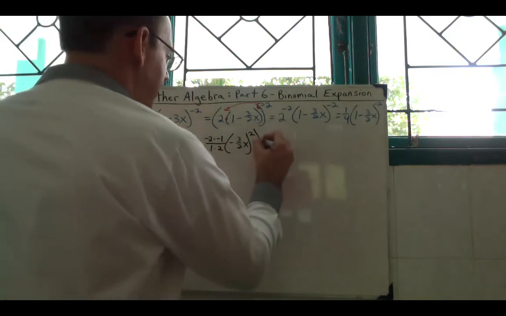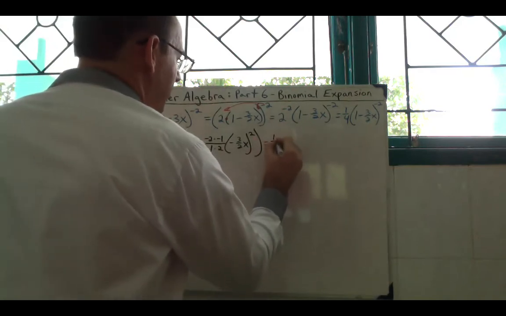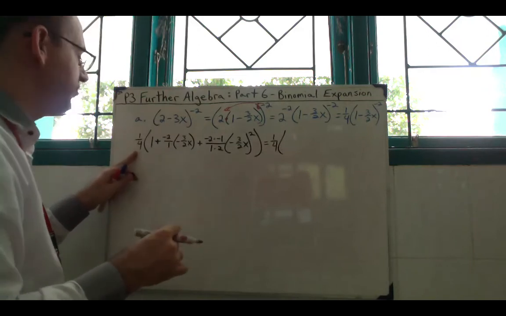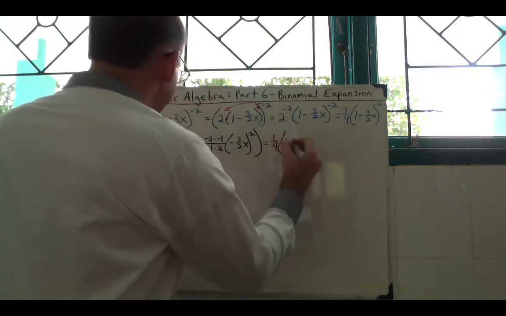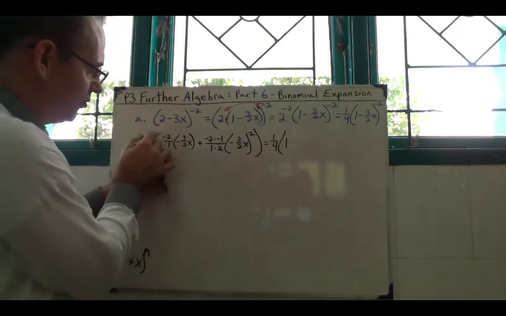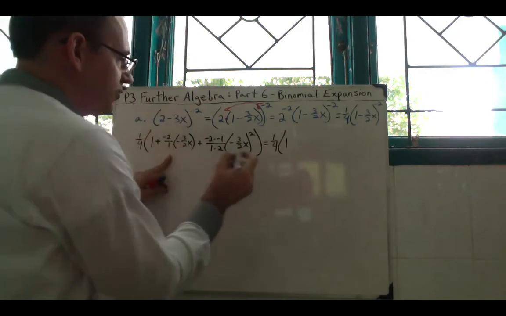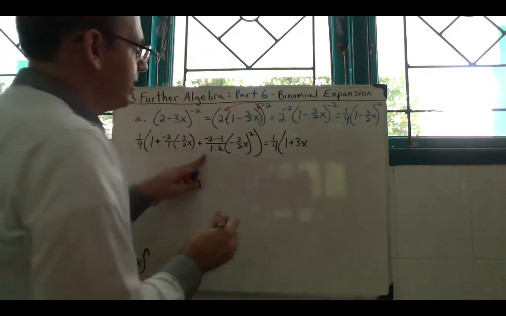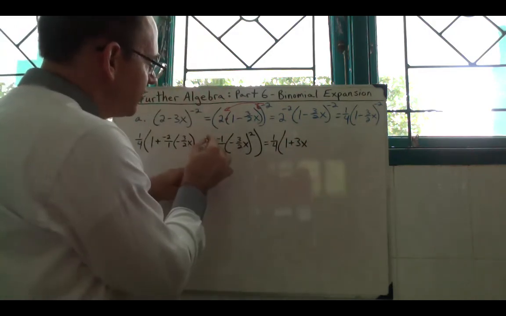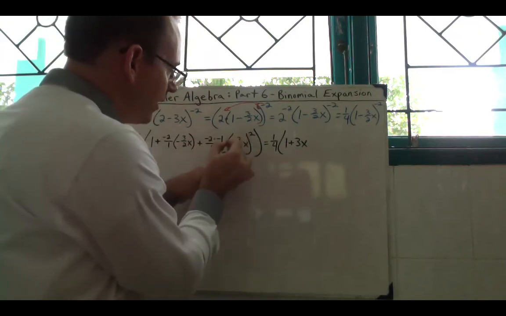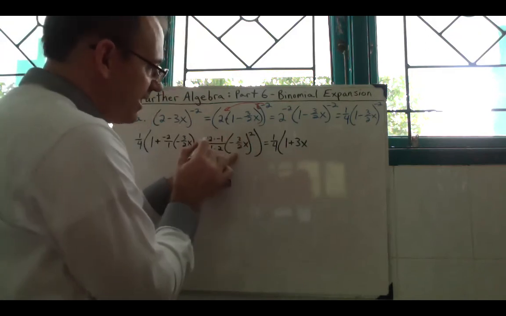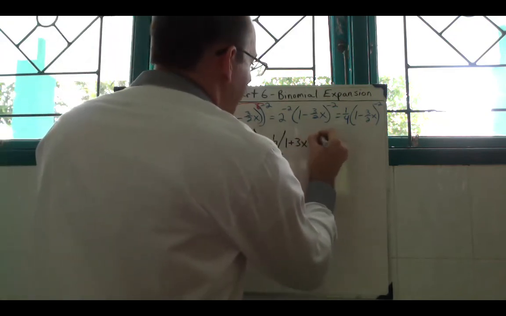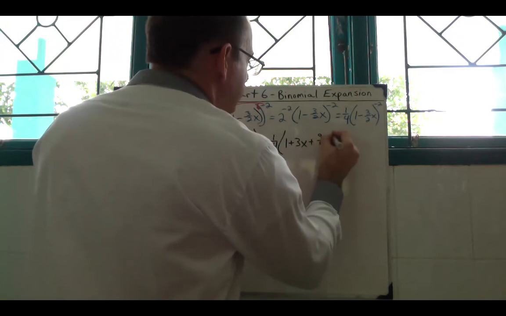So if we simplify this, we get 1/4 still out in front. We wait on that, we don't want to distribute it right away. Here's 1. Now here, the 2's and negatives cancel, and so we're just left with 3x. And then over here, the 2's cancel, the negatives cancel, the square on this negative causes this negative to cancel, and we get 9/4 x squared.